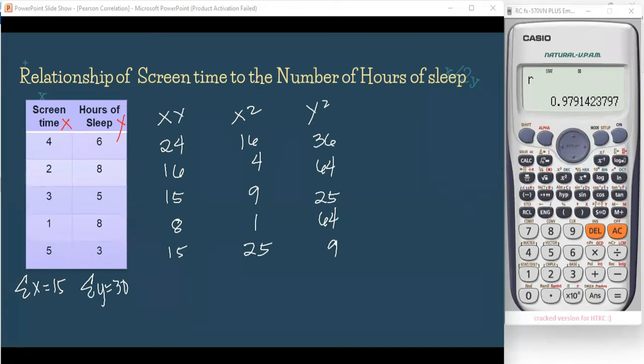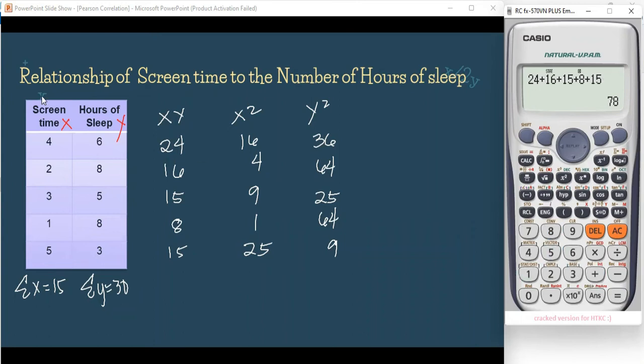So check nga natin. I'm a bit skeptical. Yan, tama naman. So now, let's calculate 24 plus 16 plus 15 plus 8 plus 15.